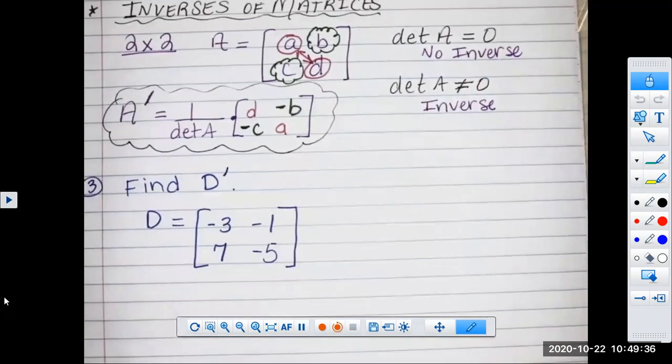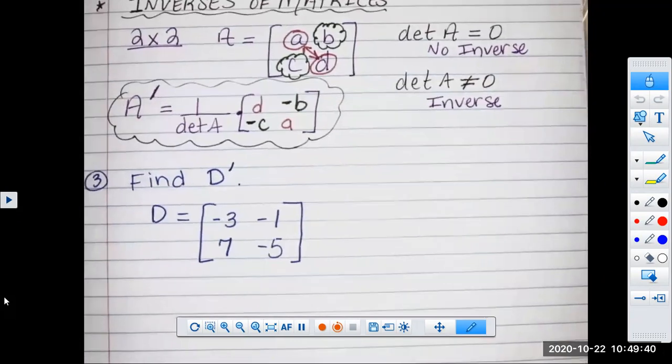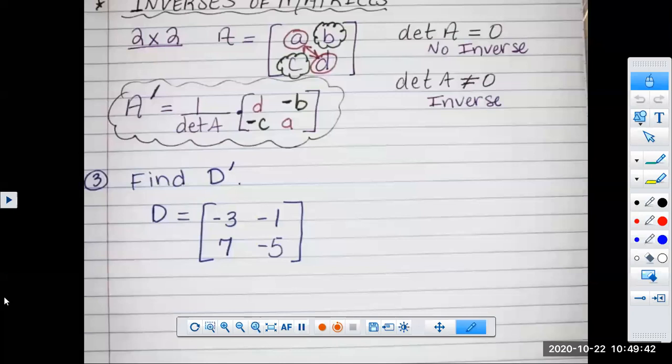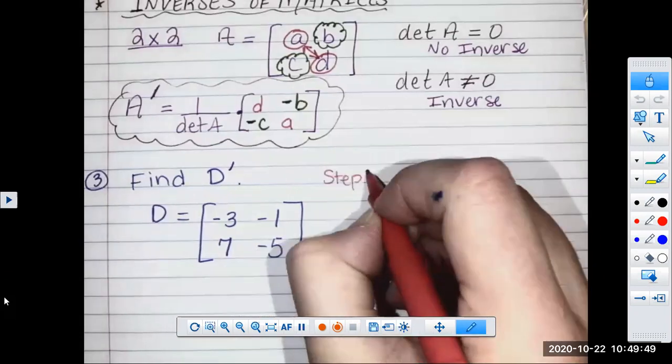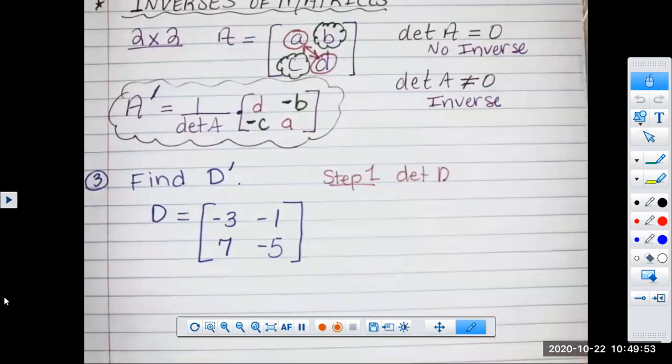All right, let's go ahead and practice with a 2 by 2. Given matrix D, find D inverse. The first thing you have to check is the determinant. So find the determinant of D and make sure it's not equal to 0.